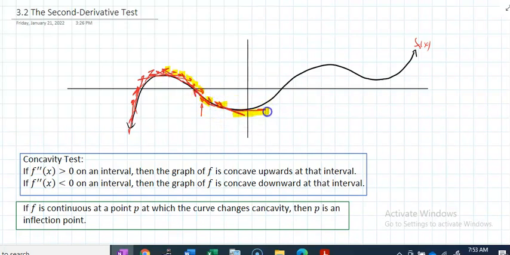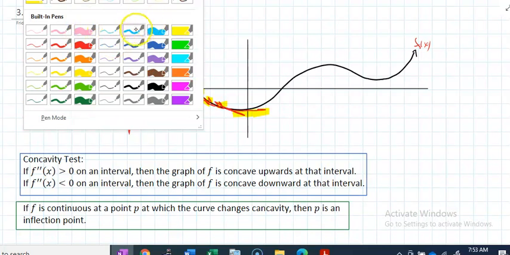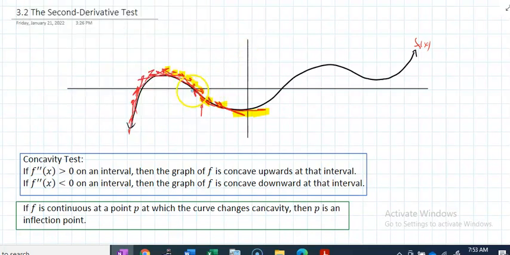Otherwise, you wouldn't get to a flat view anymore. That's what makes the inflection point a bit tougher than the maximum or minimum. You're looking for that point.